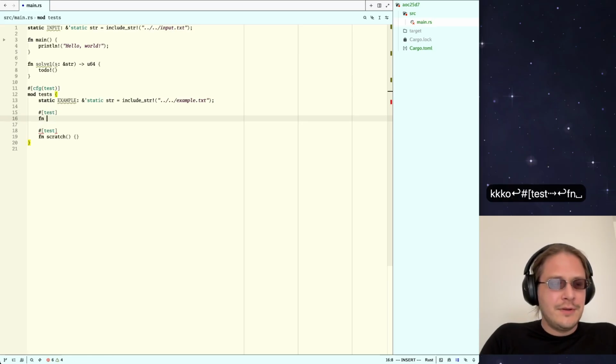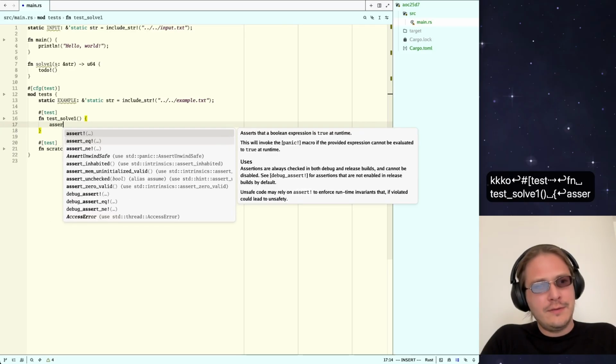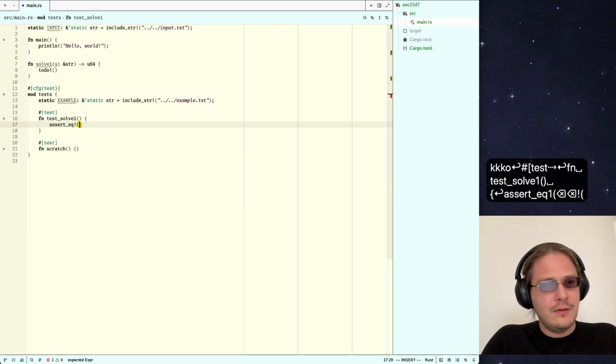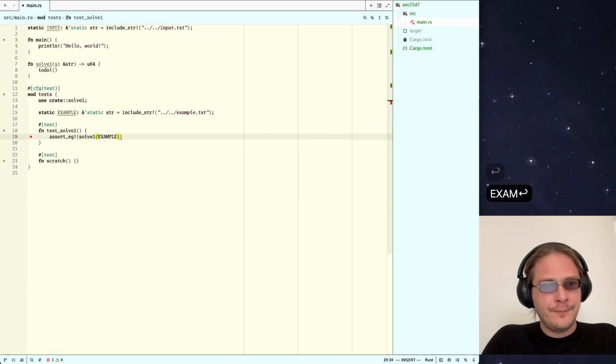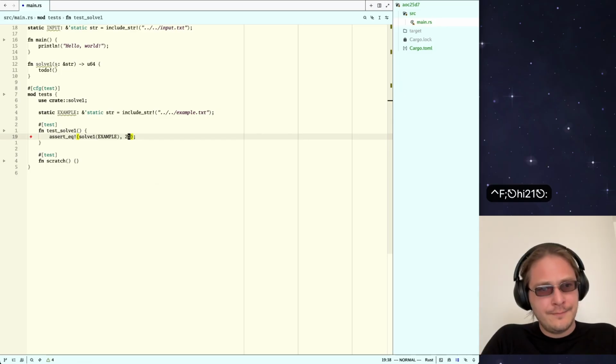Let's say that we have a test solve 1, and let's say that the solved example should produce 21.